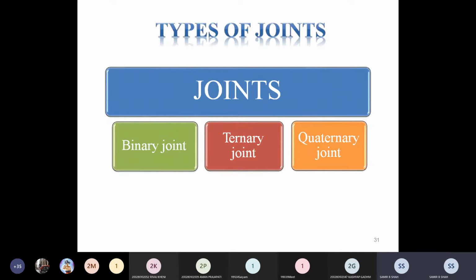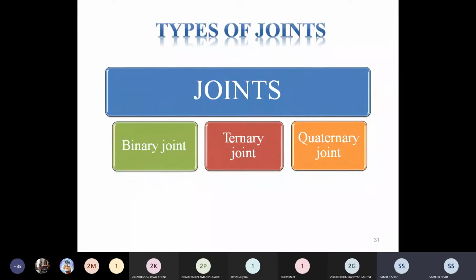When two links are joined at the same connection, the joint is known as a binary joint. When three links are joined at the same connection, it is a ternary joint. And when four links are joined at the same connection, it is a quaternary joint.